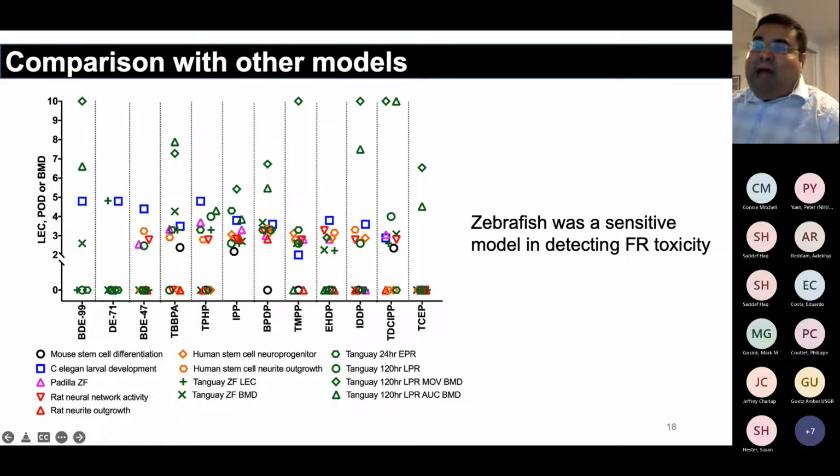The study from our lab is denoted in green. What you see here is that for most of the flame retardants, the zebrafish model was able to detect bioactivity compared to many of the other models that are used for screening and studying flame retardants, which gives us the confidence that this is a great model to detect flame retardant bioactivity.